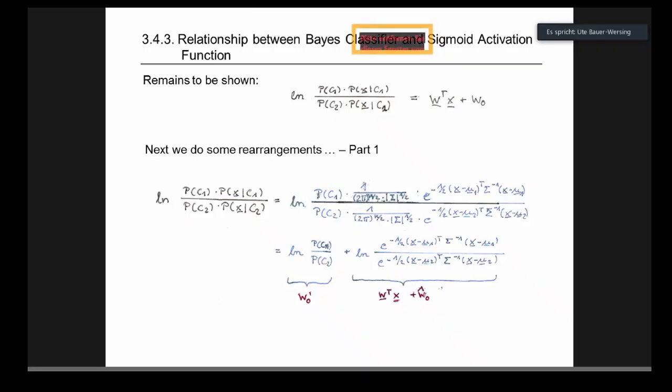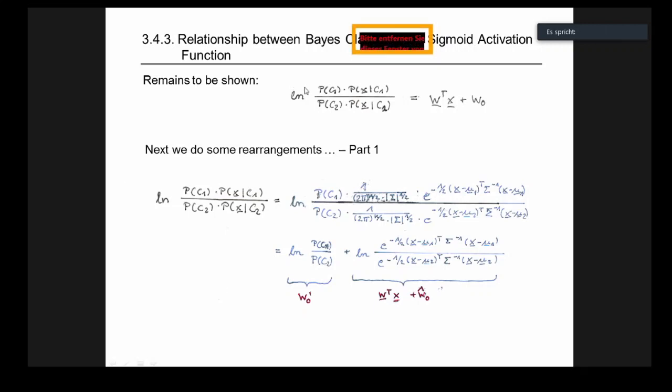That's a bit nasty in detail, but we can do this. So this is what remains to be shown, showing that there is equivalence between left and right side. We do some rearrangements here. Right? What we do is, the prior probabilities stay the same.